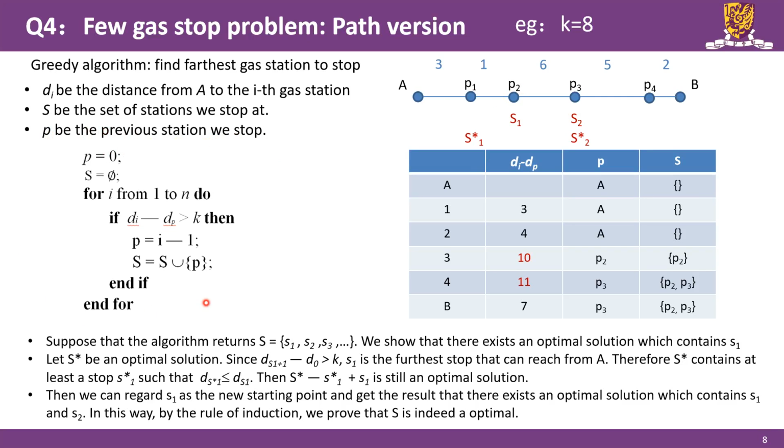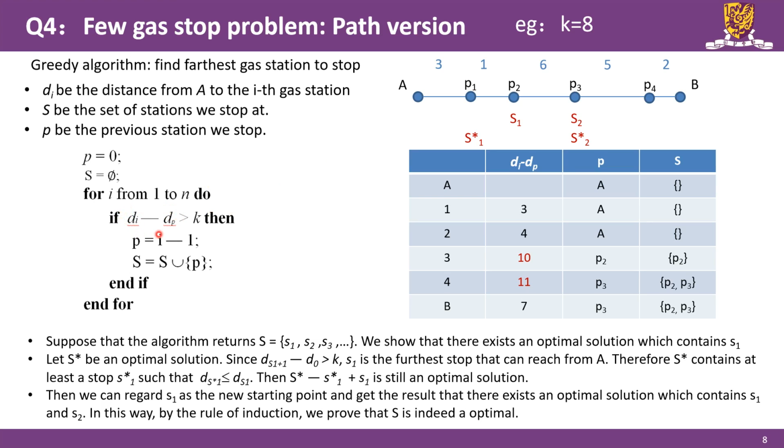So here's the whole algorithm. We iterate over each of the gas stops. This part means that we compare the distance between the previous gas stop that we stopped at and the current gas stop under investigation, and we calculate the distance between these two stops and compare it with the capacity that our car can travel, that is k.